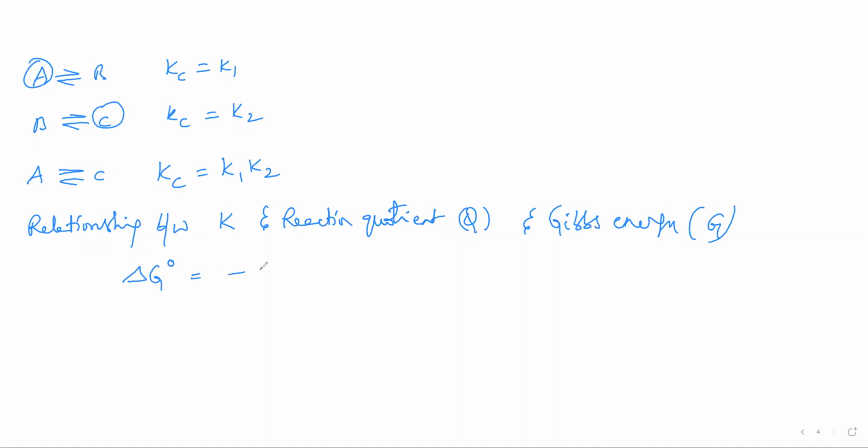Delta G naught is equal to minus RT ln K, natural logarithm. Or delta G naught is equal to, converting natural logarithm into log, multiply with 2.303, minus 2.303 RT log K. So that is the relationship between the equilibrium constant, reaction quotient, and Gibbs energy.